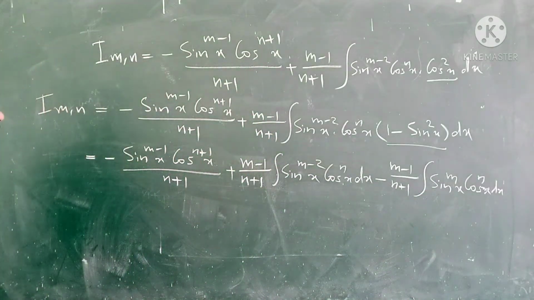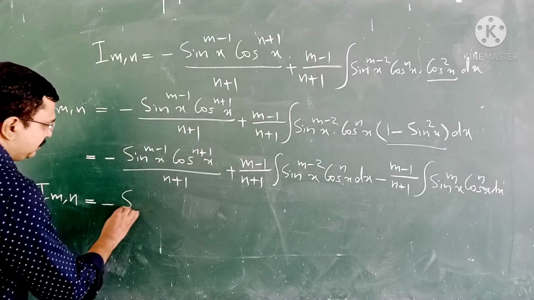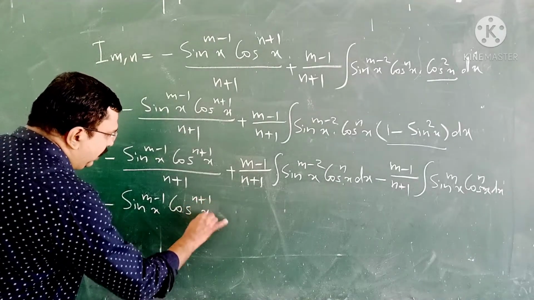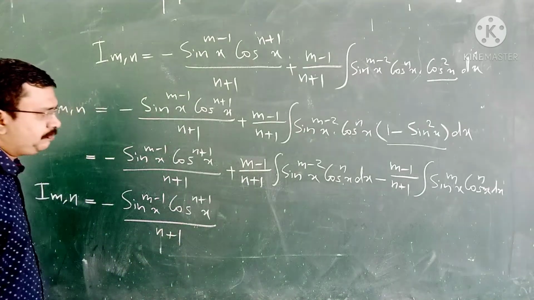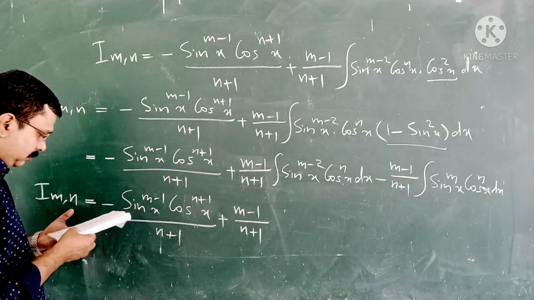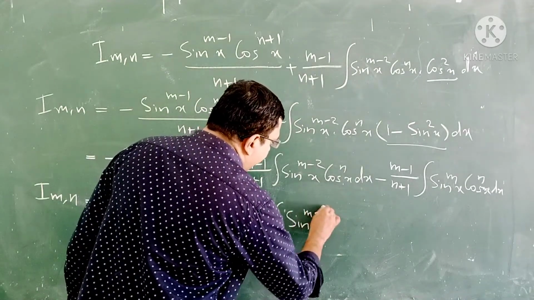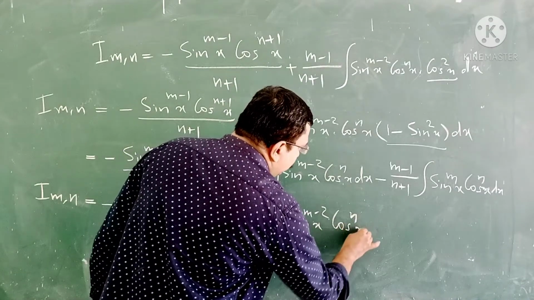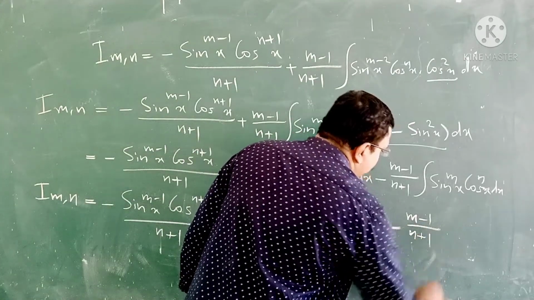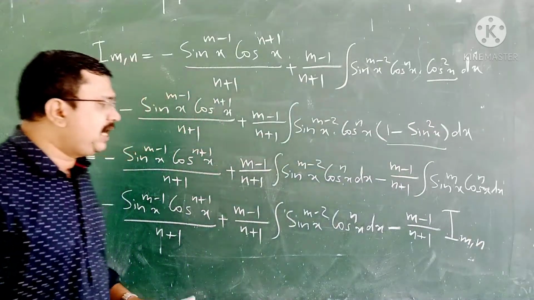Therefore this can be written as I_mn is equal to minus sin^(m-1) x into cos^(n+1) x divided by n plus 1, plus (m-1) by n plus 1 integral of sin^(m-2) x cos^n x dx, minus (m-1) by n plus 1 into this quantity, which is I_mn. Okay, please write down in your notebook.